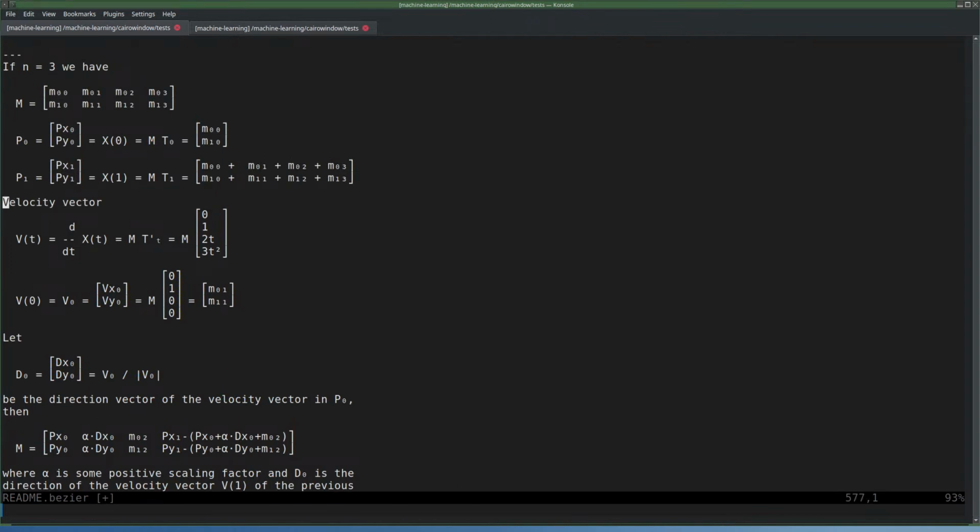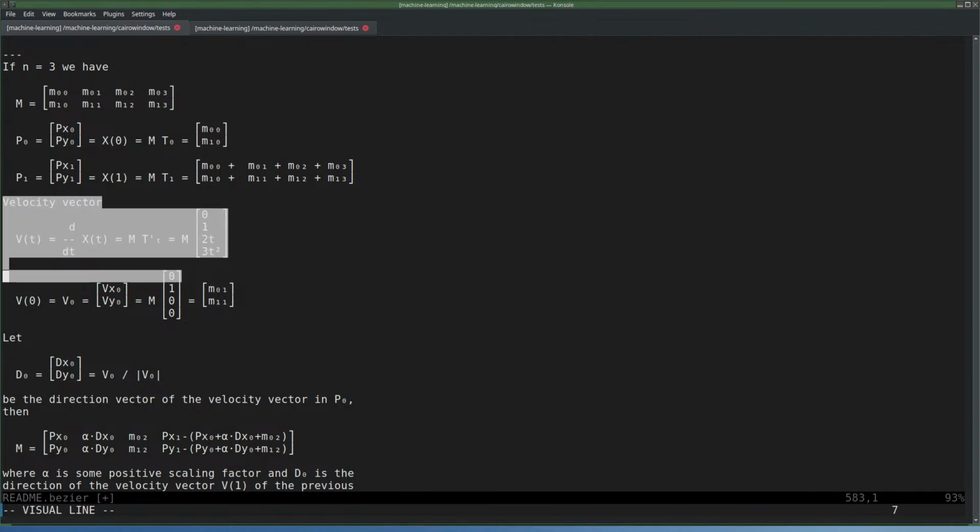Velocity vector. Just copy this. For now, it's just to 0.